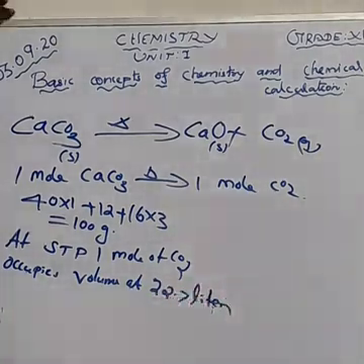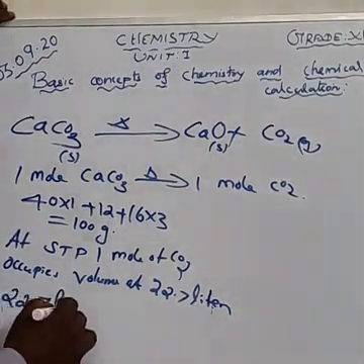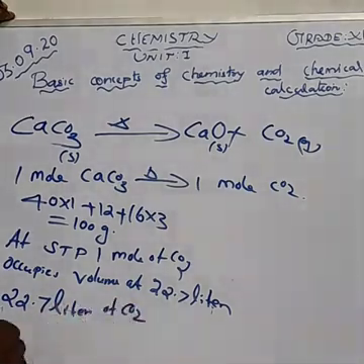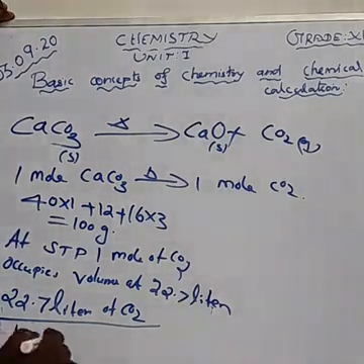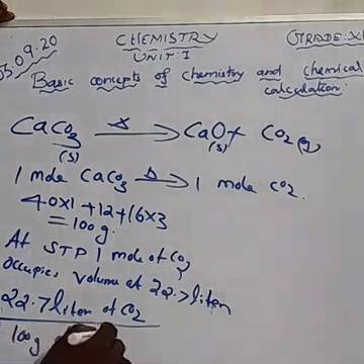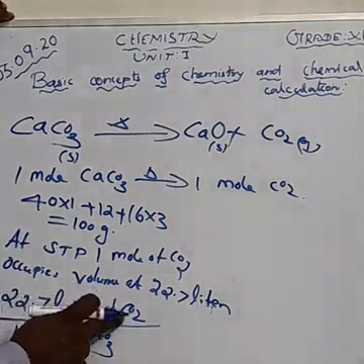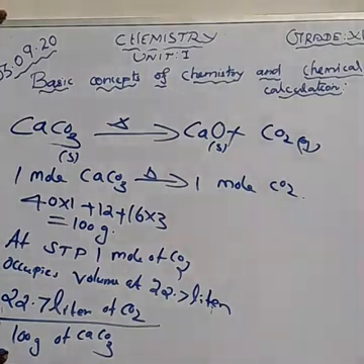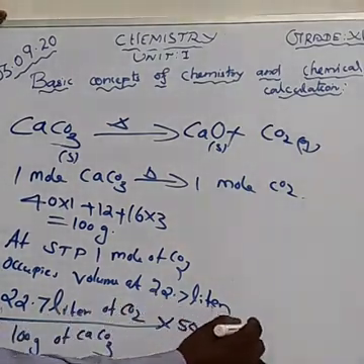As per the calculation, 22.7 liters of carbon dioxide divided by 100 gram of calcium carbonate, multiplied by 50 gram of calcium carbonate.